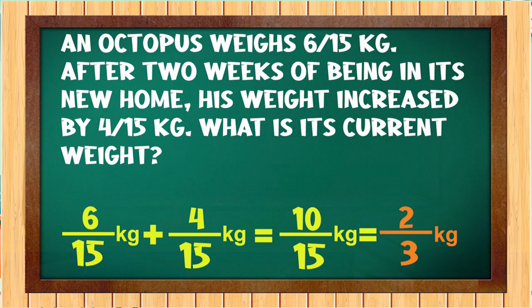So the octopus's current weight is 2/3 kilograms. Always remember, when you are calculating problems and you have units, ensure your answers are in those very units. In this case, the unit we are calculating is kilograms.